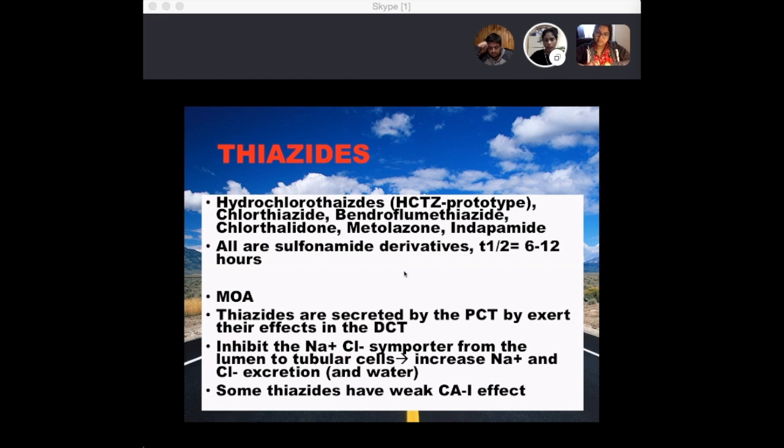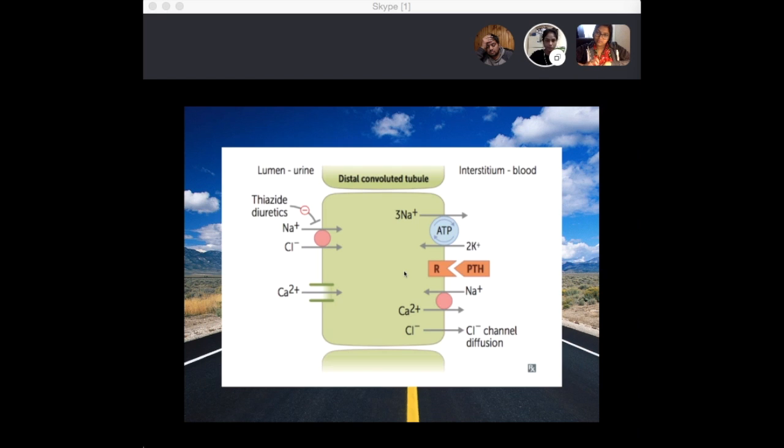So it increases sodium and chloride excretion and the water that goes along with it. Also, some thiazides actually have a weak carbonic anhydrase effect, but it's weak, so it's not going to be primary. And there's where your sodium chloride symporter is.